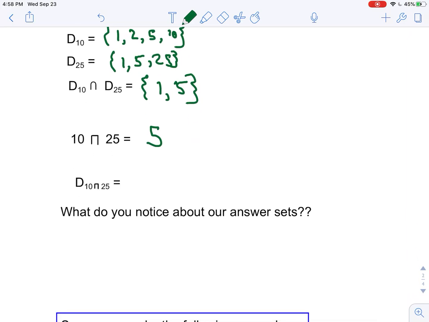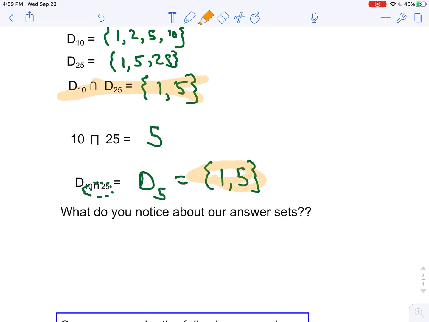Now, when I ask for the set of divisors of the greatest common factor of 10 and 25, this little part right here should be clear that this is basically indicating 5. And thus I'm asking for the divisor set of 5, which of course is pretty clearly 1 and 5. What do you notice about the sets?